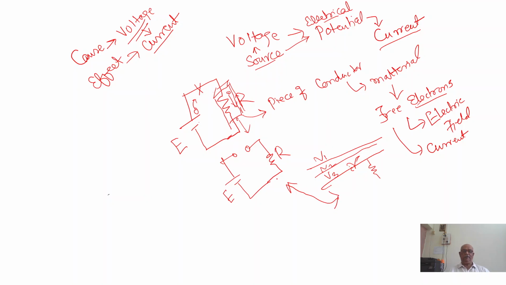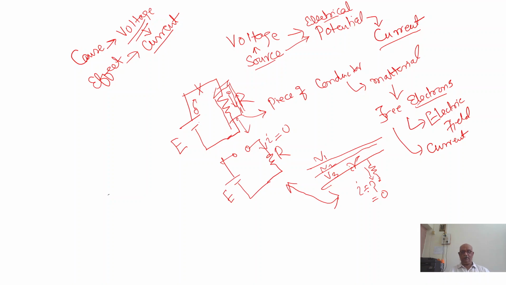There's no difference between these two because I do not have any return path. I can force electrons to go up to this point, but then I do not have anything to come back. So if I ask you what is the current in this, it will be the same as the current over here. And we say that the current over here is zero, so this current over here is also zero. So the bird, although sitting over here, is getting no current through it.